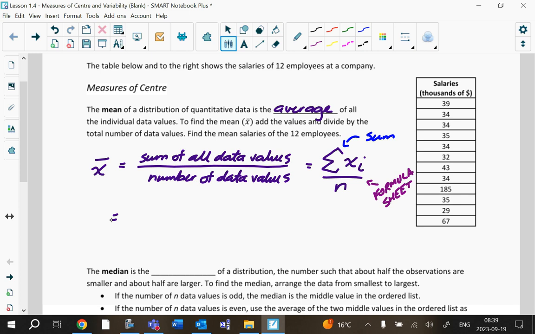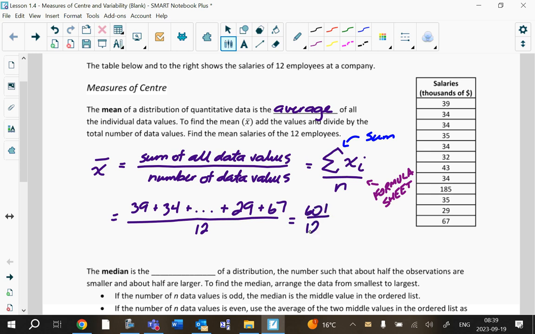So I'm going to go 39 plus 34 plus, just to save some time, dot, dot, dot, plus 29 plus 67, divided by 12, because that's how many there are. And when you do that calculation, you're going to get 601 divided by 12, which equals 50.1.